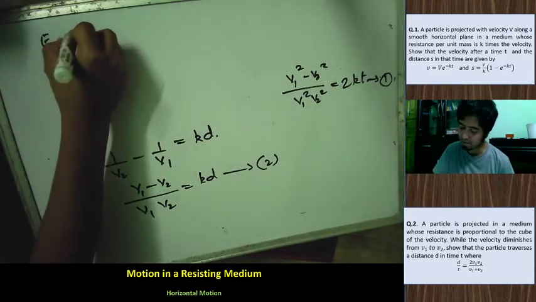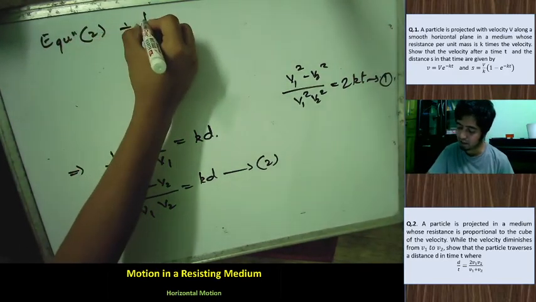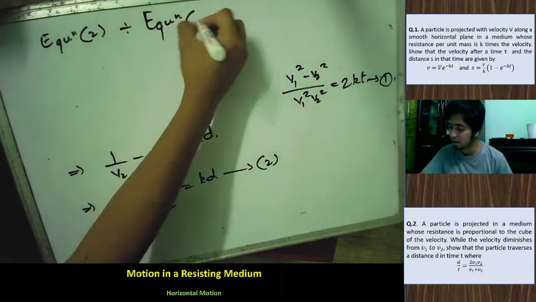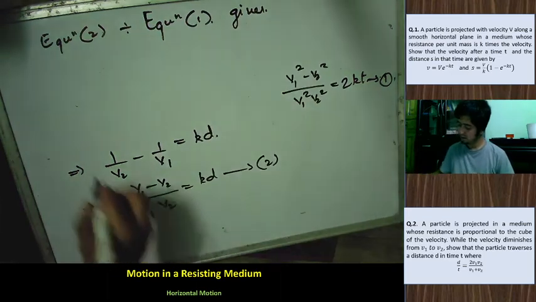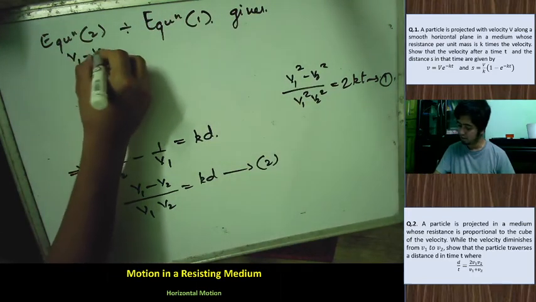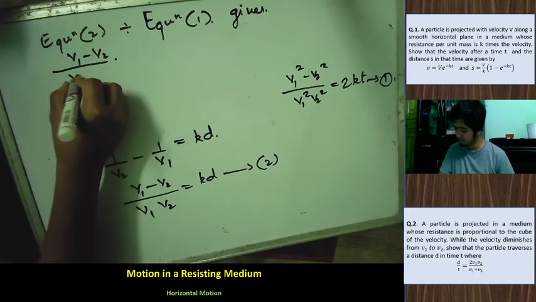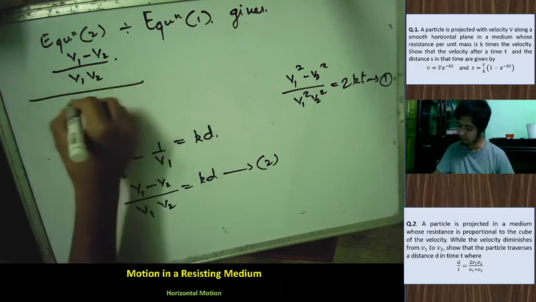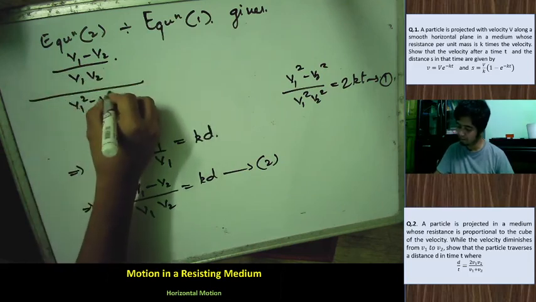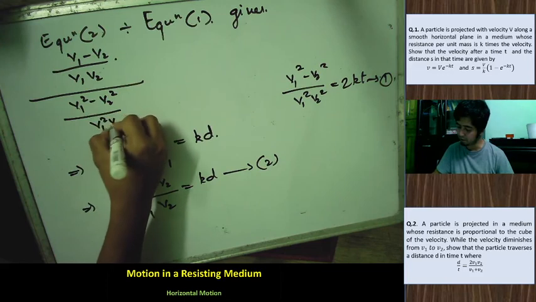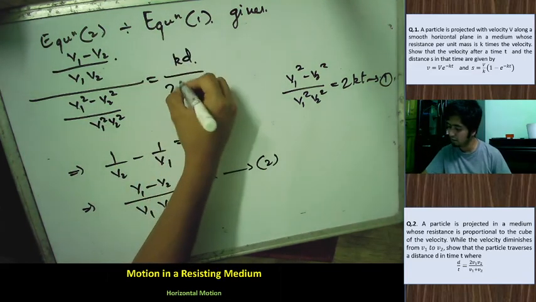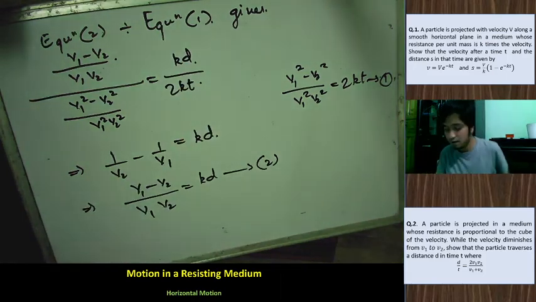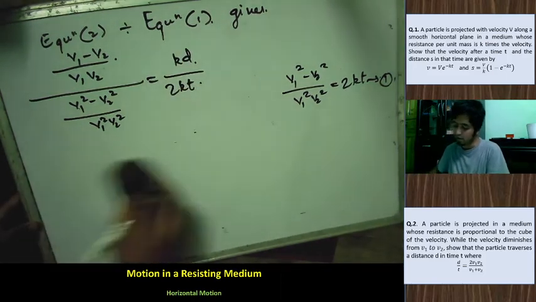Equation 2 divided by equation 1 gives v1 minus v2 over v1 v2, divided by equation 1, which is v1 square minus v2 square over v1 square v2 square equal kd over 2kt. Right, so this is what we will be having.